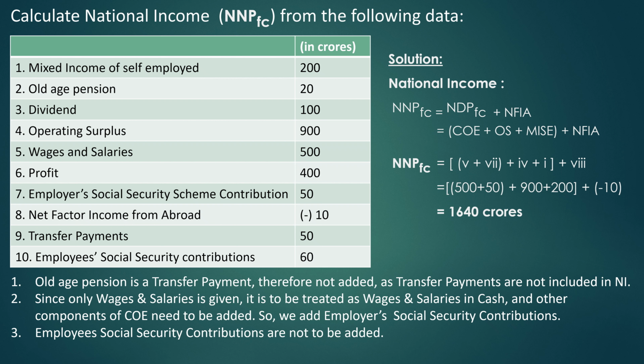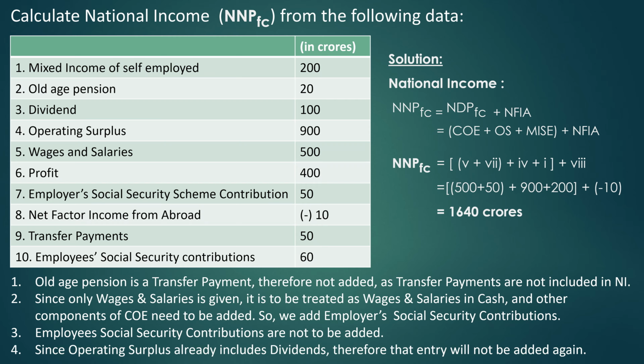Third, employees' Social Security contributions are not added since they are not included in national income separately. They are already paid out of wages and salaries in cash. And last, since operating surplus already includes dividends, therefore the entry of dividends will not be added again. Hope the numerical is clear and all the steps of calculating national income by income method are clear to you.